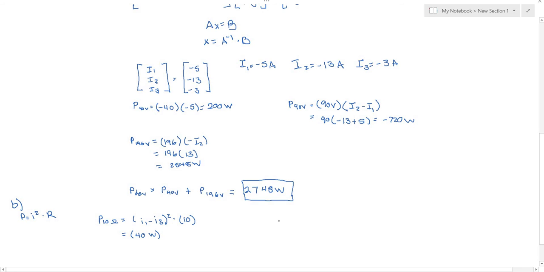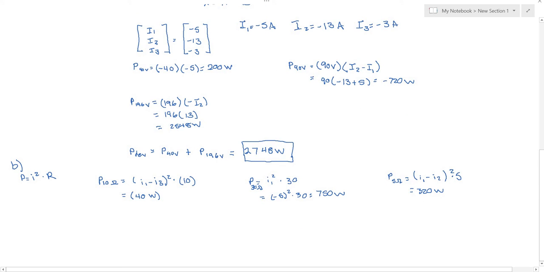Now my P at 30 ohms is I1 squared times 30, which is negative 5 squared times 30, equal to 750 watts. My P at 5 ohms is (I1 minus I2) squared times 5, which equals 320 watts.